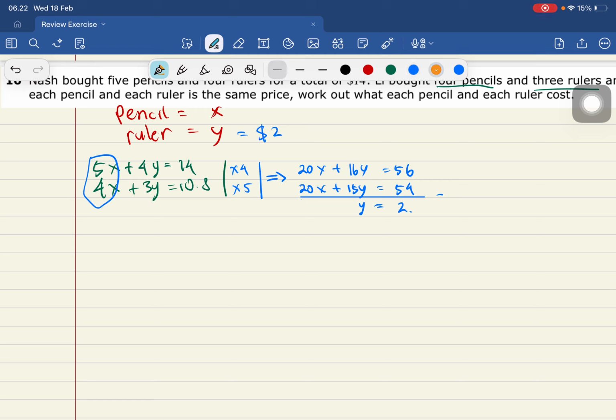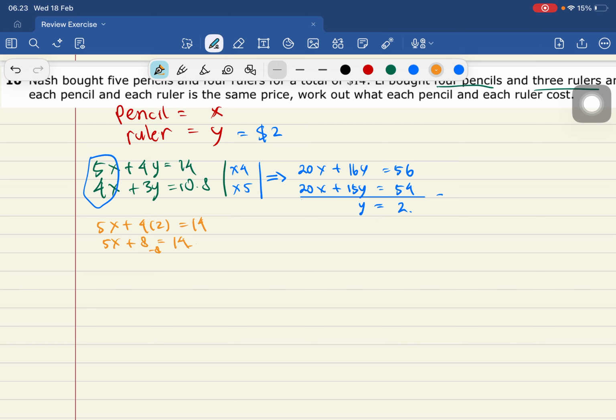Next, let us substitute into one of the equations. So we got 5x plus 4 multiplied by 2 equal to 14. It's going to be 5x plus 8 equal to 14.